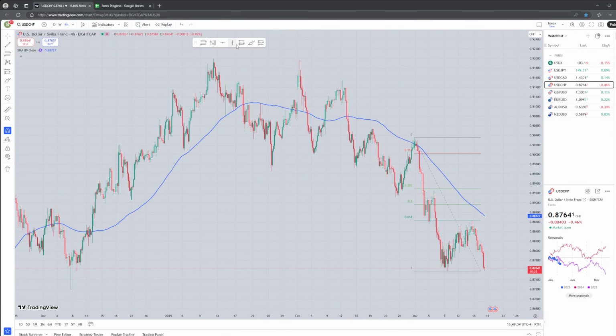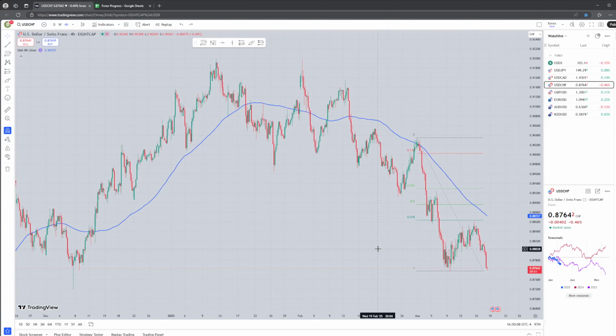Okay, USD Swiss franc. So here we have the market behaving clearly, consistently below the blue moving average line. Trend is down. So we have the latest down leg like this. The leg size is considered okay, not really nice, but it is okay. The market kept retracing and reached the 40% retracement zone here, and after that the market seems to be returning to the original trend.